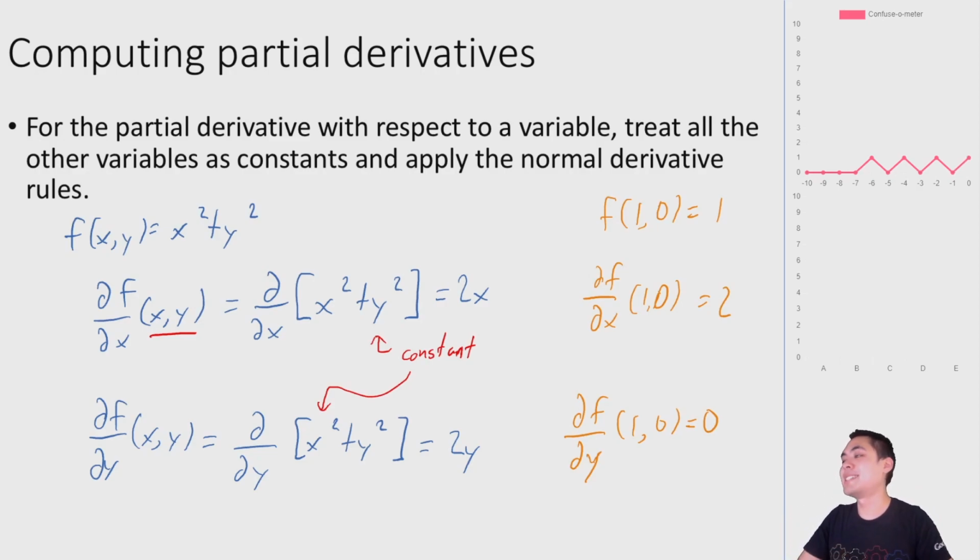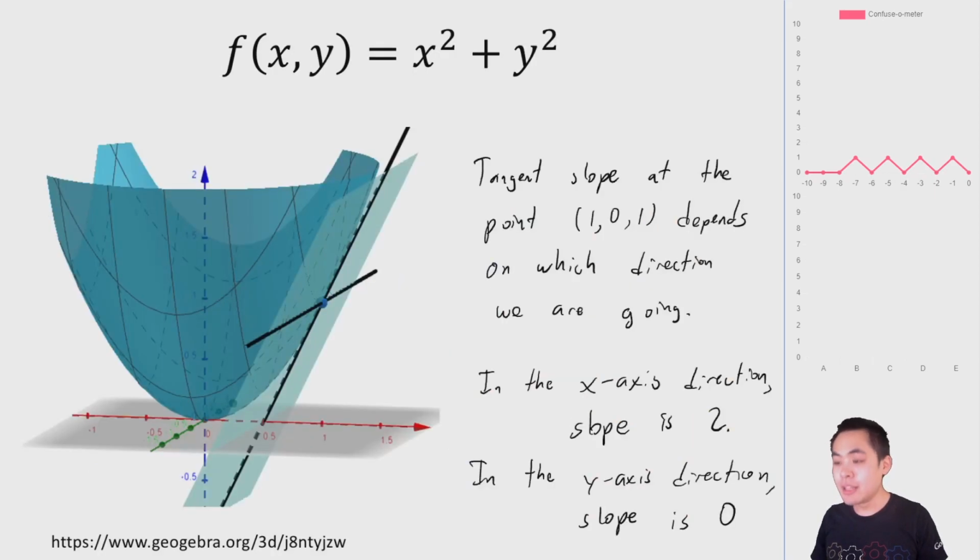Yes, exactly. These find the tangent lines in the x and y directions. That's precisely what the partial derivatives do. You have all these different tangent lines, because you have this entire tangent plane. If you want to measure a slope, you need to first define a direction. If you define the positive x direction, then you're measuring the tangent line in that direction, which is this line.